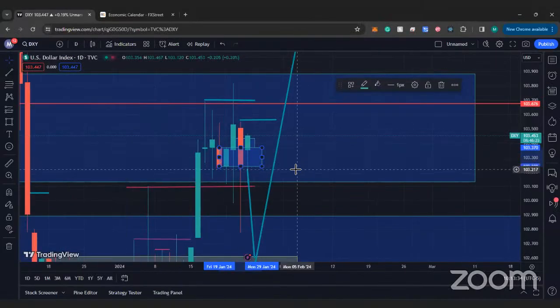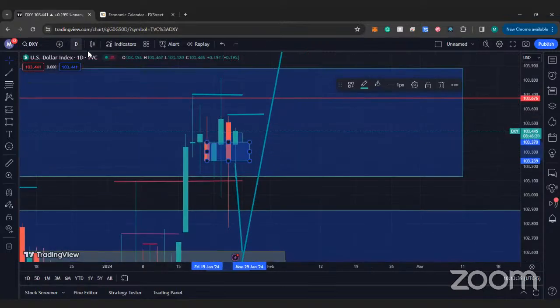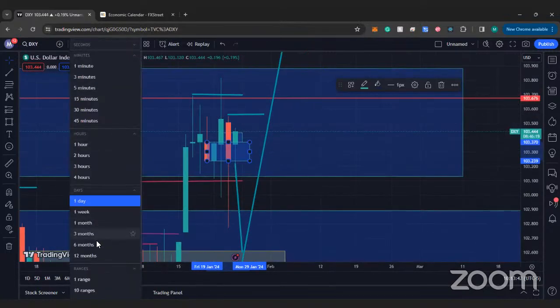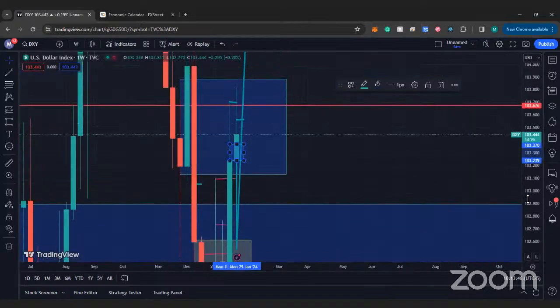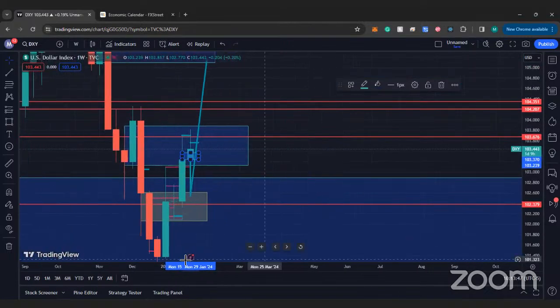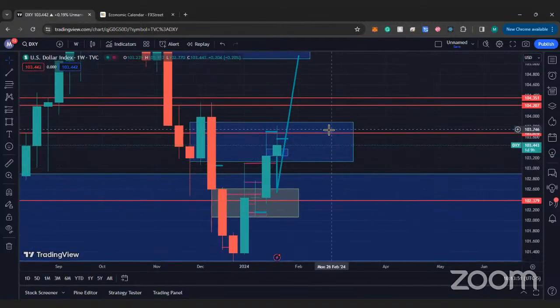All right, so here's the dollar index, guys. I have some additional markings that I'll show you the updates of why I'm looking at this. Now, again, if you've never been on this live, first of all, we had this high right here, weekly high.